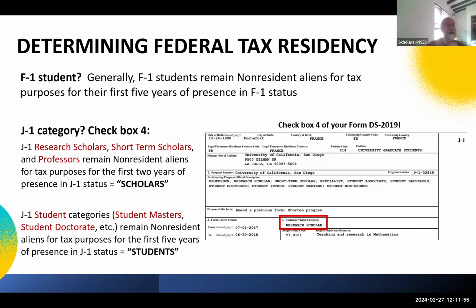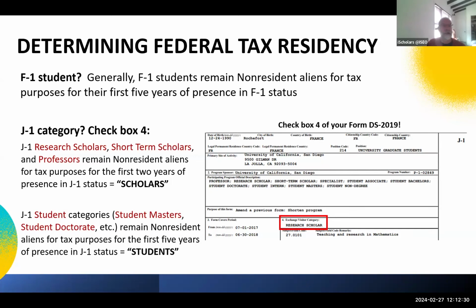It's the category on the DS 2019 that determines which of these exempt individual selections you make. So even though you may be a graduate student in a home institution, if you're over here at UC San Diego in a visiting graduate student appointment, we will have actually categorized you as a research scholar. So you would actually use the scholar classification.